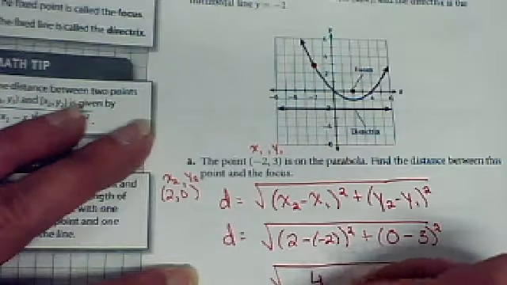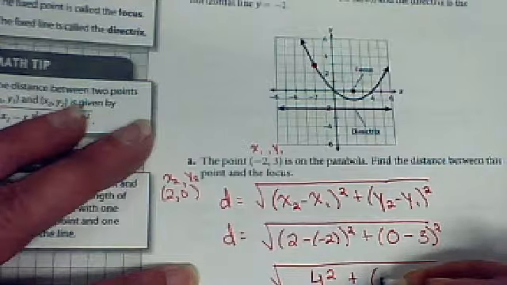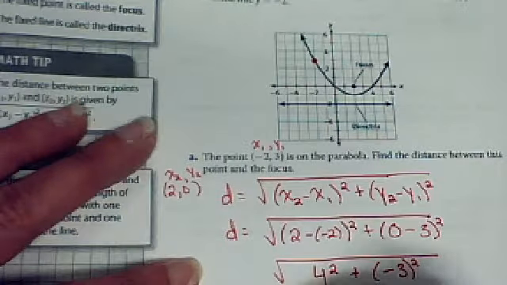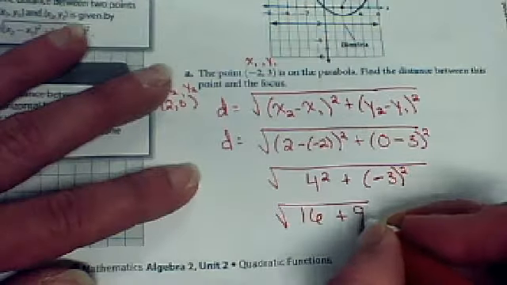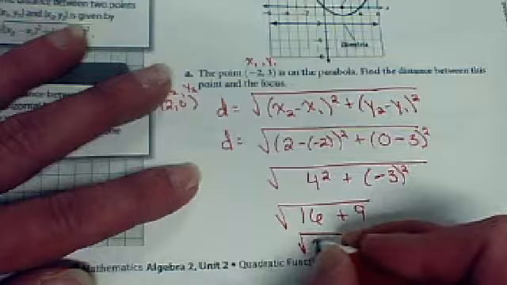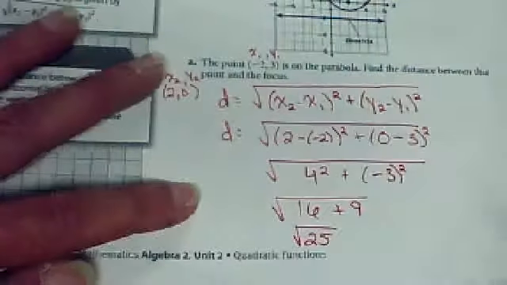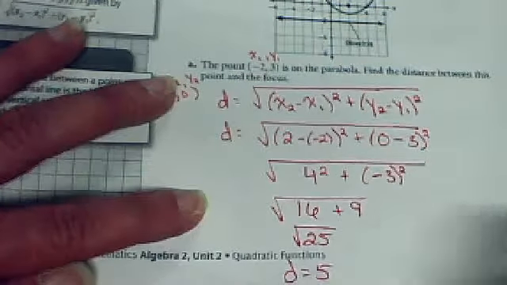So we have 4 squared plus 0 minus 3, which is going to give me negative 3 squared. 4 squared is 16. Negative 3 squared is 9, which gives us 25. And the square root of 25, and remember, since we're talking about distance, we're only concerned about a positive distance. Our distance is 5.